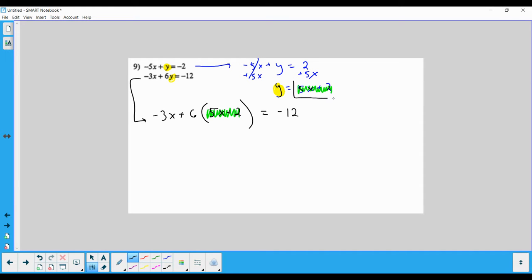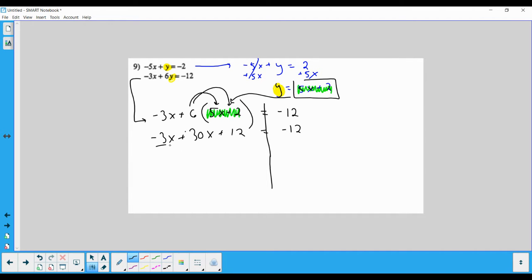So I just took this and substituted it into the parentheses. Now I go through my checklist to solve. Is there anything to distribute? Yes, I have to distribute the 6. And so I get -3x plus 30x plus 12 equals -12.